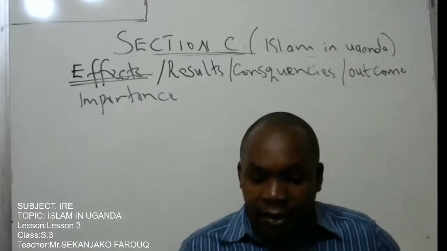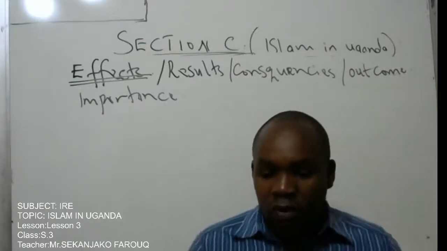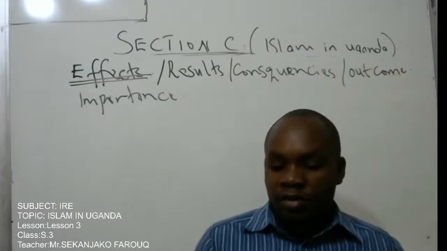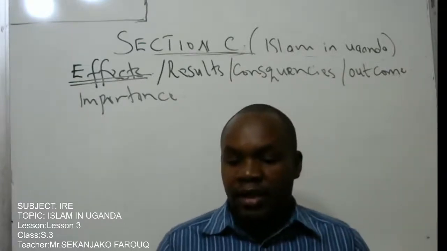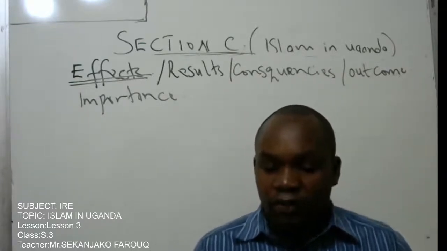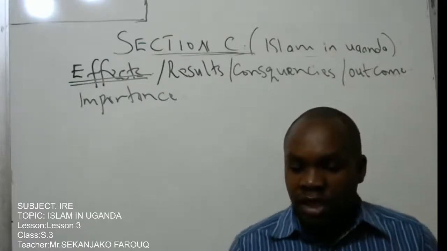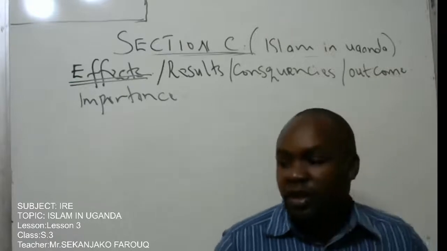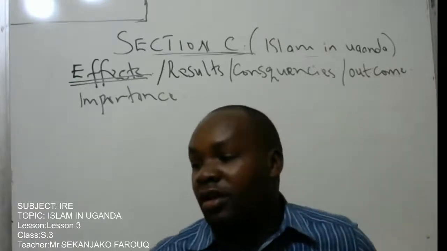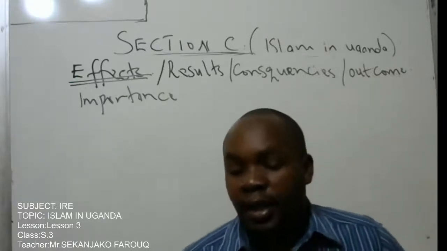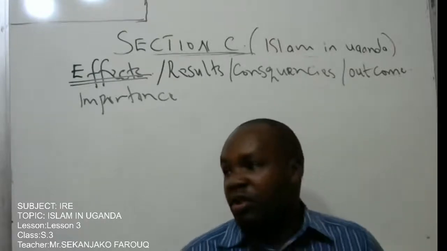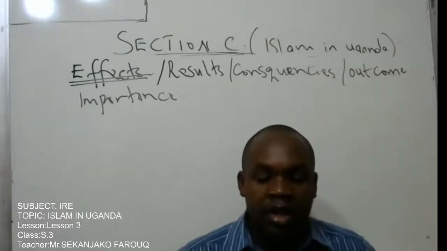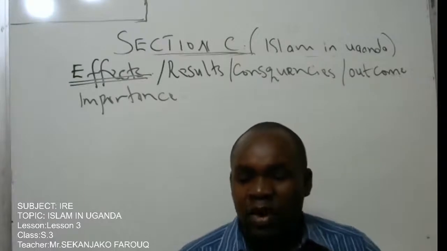Then later on, after the war, the defeated Muslims were forced by the British to go and settle in the poorest areas of the kingdom, and the Muslims' land was divided basing on religious lines, and the Muslims were forced into the poorest areas.